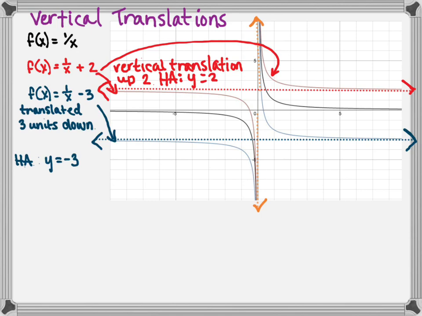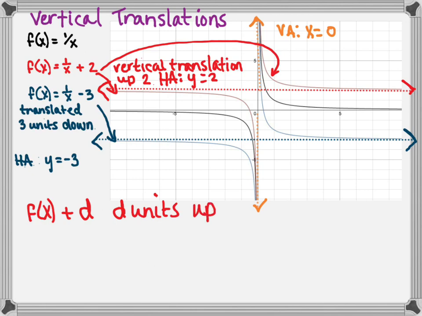Although for all three functions, you'll notice the vertical asymptote did not change. It is still on the y-axis, which is at x equals 0. In general, when we have a function f of x plus d, we're translating d units up.